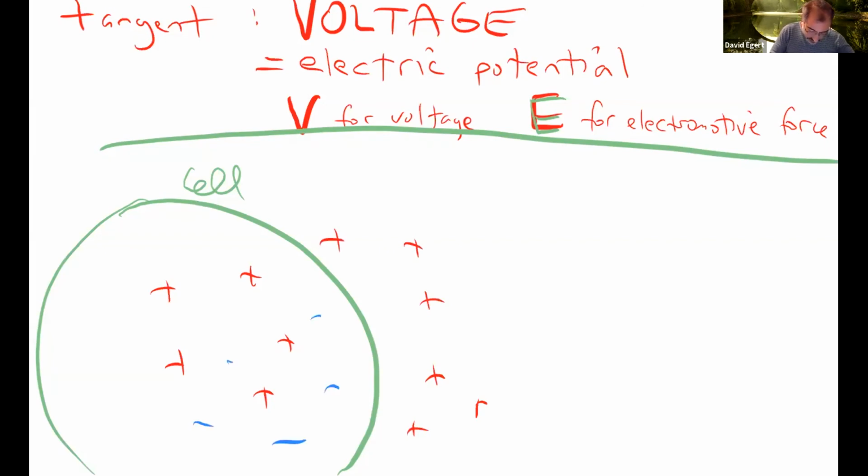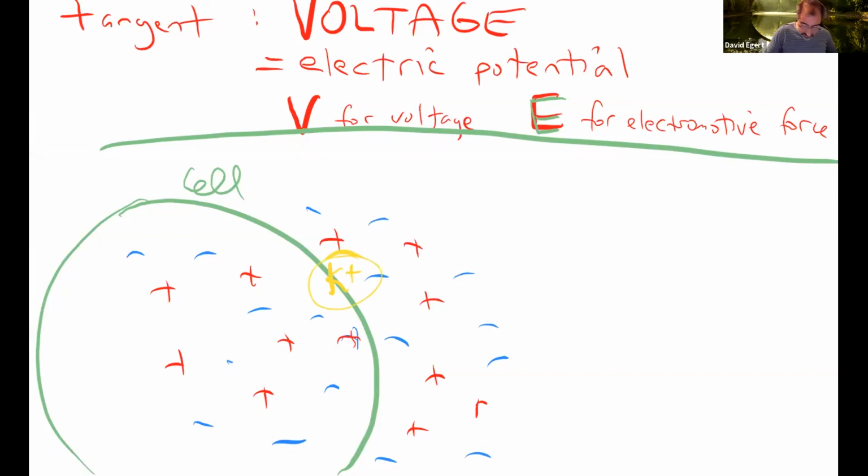There's little chlorides and stuff. So as long as you have a balance of charge on either side of the membrane, if there is just as much plus and minus on one side as on the other side of the membrane, if you take some ion, let's take a potassium here.